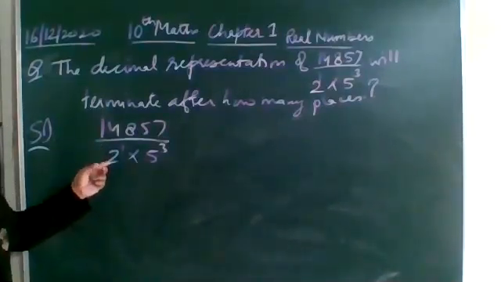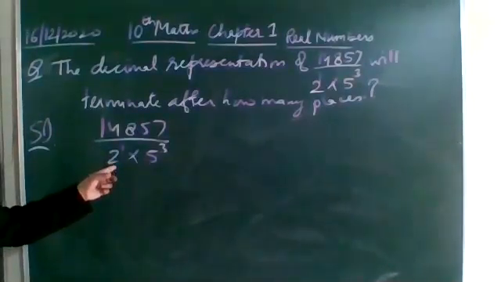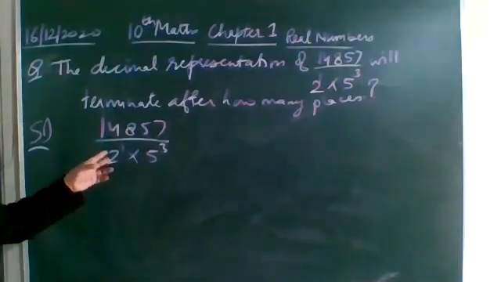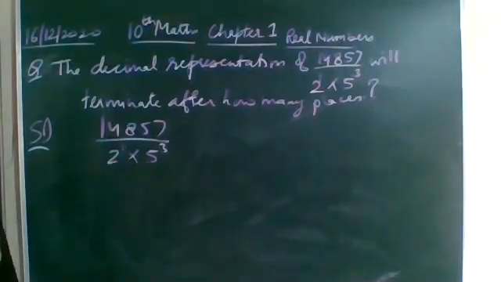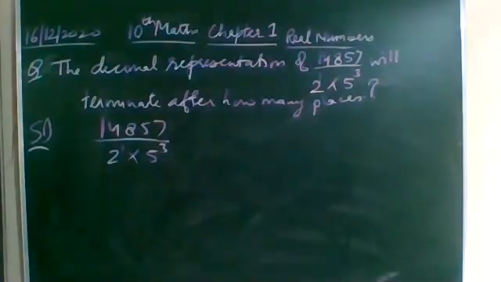You have to find out the factors of the denominator. If the factors of the denominator are in the form of 2 to the power m and 5 to the power n, where m and n are non-negative integers, then we say it terminates. But after how many places it will terminate, you can say directly by seeing the powers.